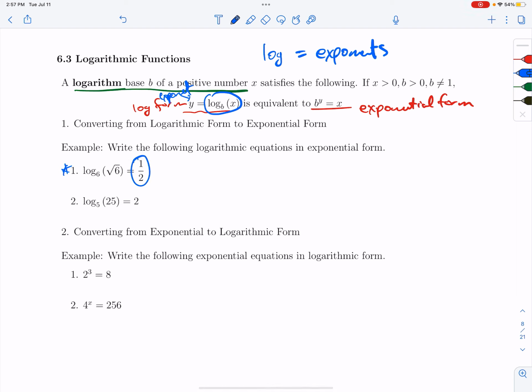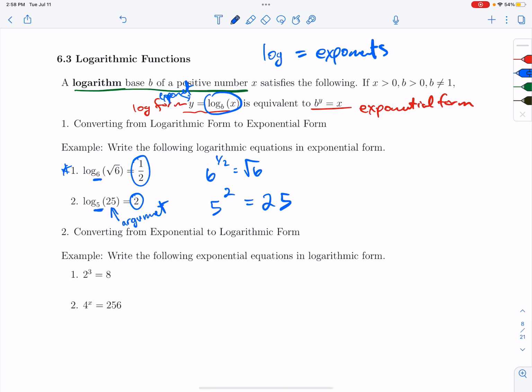This 1/2 is the exponent, and the base is 6. So 6 to the 1/2 is equal to square root 6. Similarly, on number 2, 2 is the exponent, and it's the exponent for this base of 5. And then we call 25 in the log equation the argument.